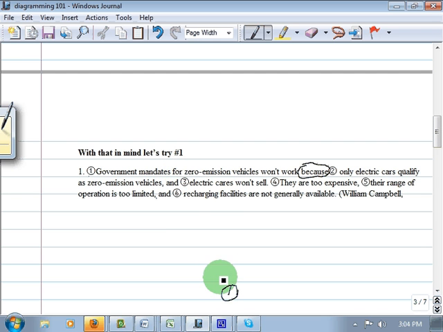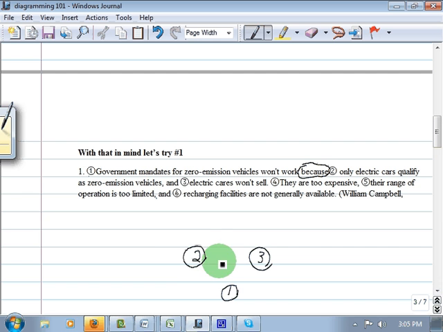And then I want to look and see what are my reasons. Only electric cars qualify as zero emissions vehicles, and electric cars won't sell. Those seem to be pretty good ones, so I'm going to put those down. But I noticed something: electric cars won't sell. They are too expensive, their range of operation is limited, and recharging facilities are not generally available. It seems to me that those, numbers 4, 5, and 6, are going to tell me why electric cars won't sell.